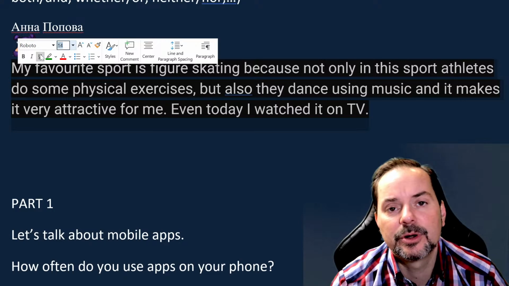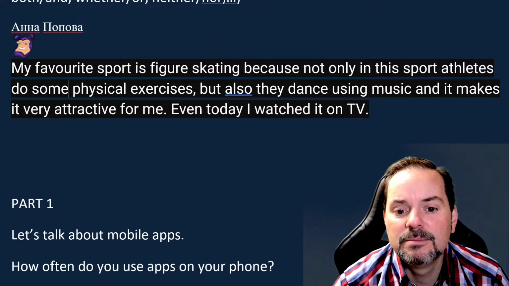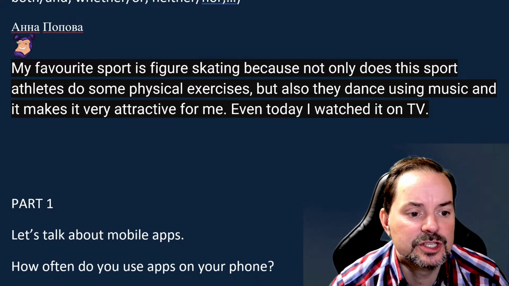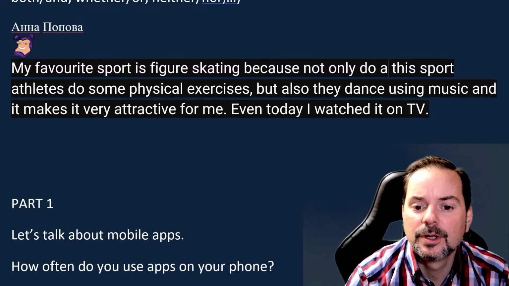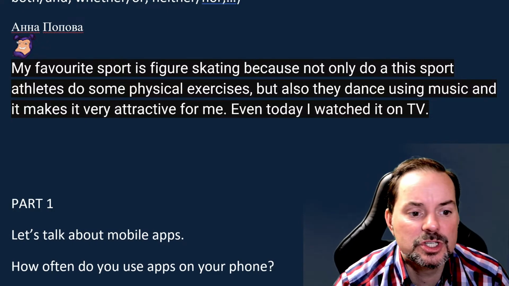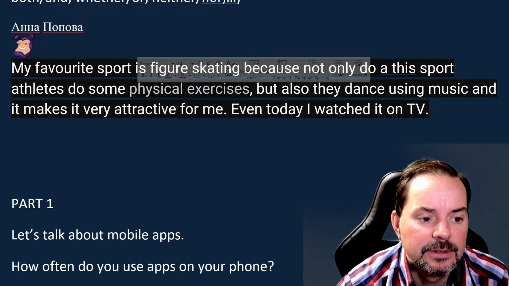Always study grammar. Okay. My favorite sport is figure skating because not only does this, okay, that's a little bit strange, and physical exercise is intrinsic to sport usually.